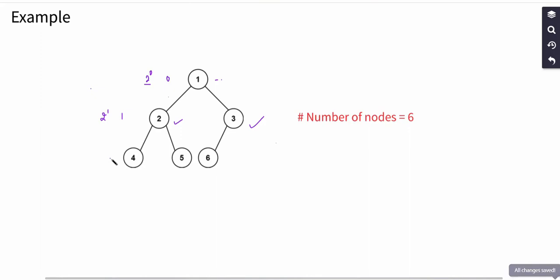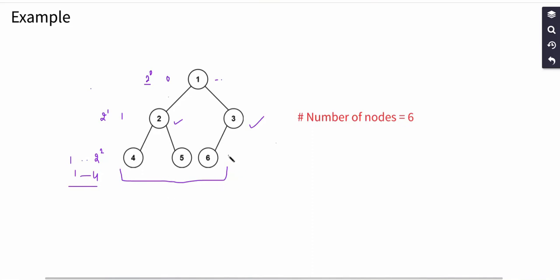Then we arrive at the last level, where we must have between 1 and 2 raised to the power 2 nodes, that is 1 to 4, and we have 3 nodes in this level. Another requirement is that all the nodes must be as far left as possible, and this is the case here.